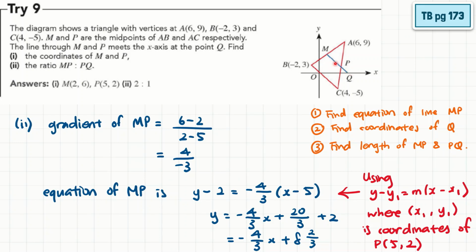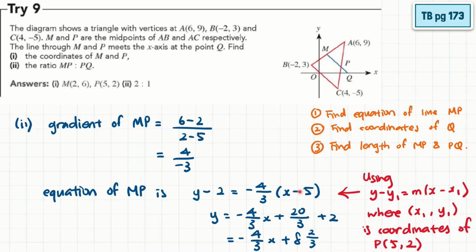Okay, in this case it will be MP and Q. And I have decided in this particular case that for my x1 and y1, I use the coordinates of P, which is (5, 2). You may definitely use the coordinates of M as well, because you're finding the equation of MP. It doesn't matter whether you're using the coordinates of M or the coordinates of P. Okay, so I have found the equation of MP already.